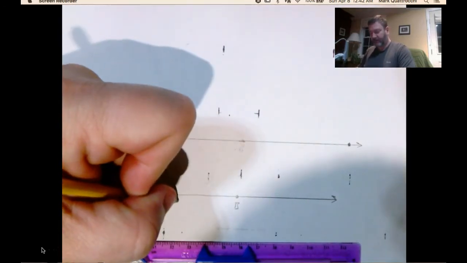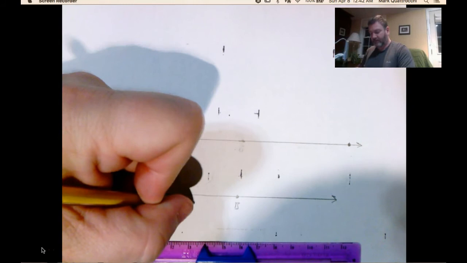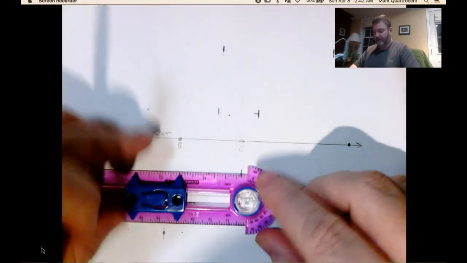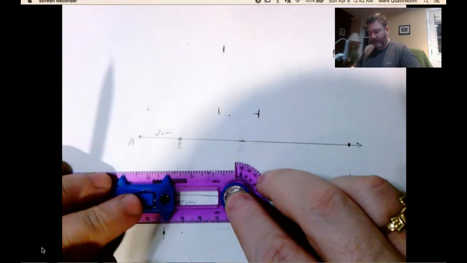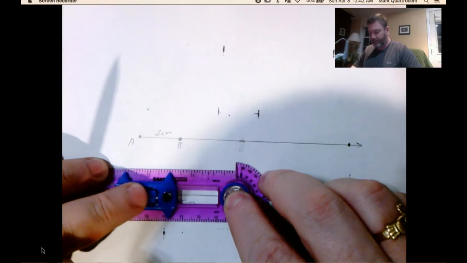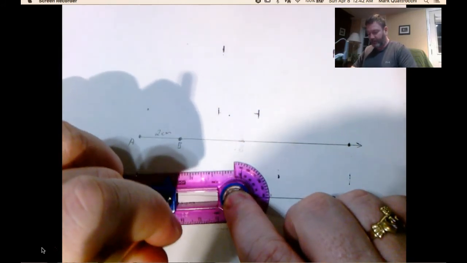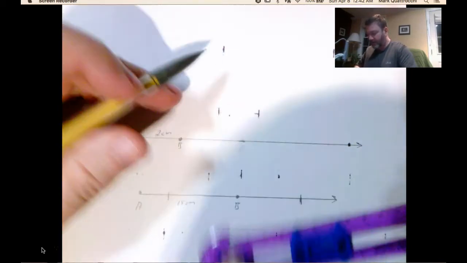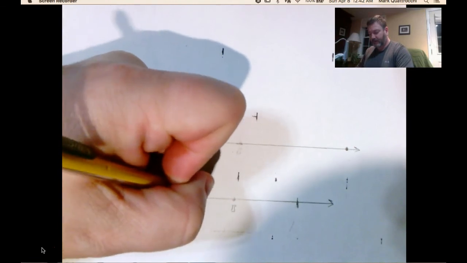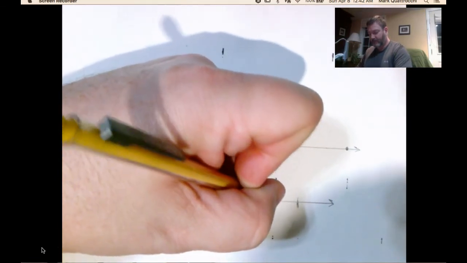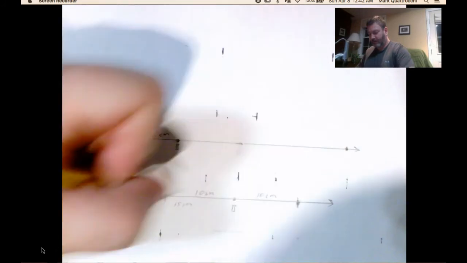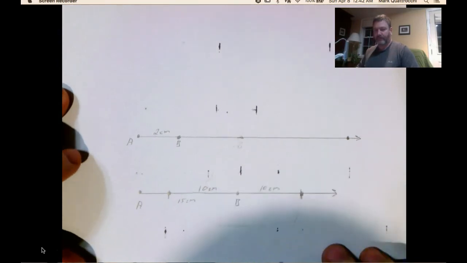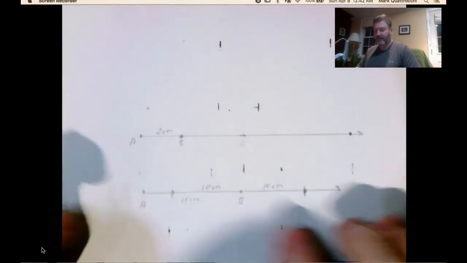I'm just going to say it's 15 centimeters. That means that at 10 centimeters away, there's a point here and a point here, giving me 2 points 10 centimeters away from point B. And it all depended on the length of AB.